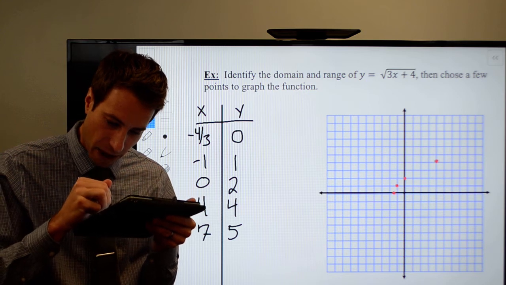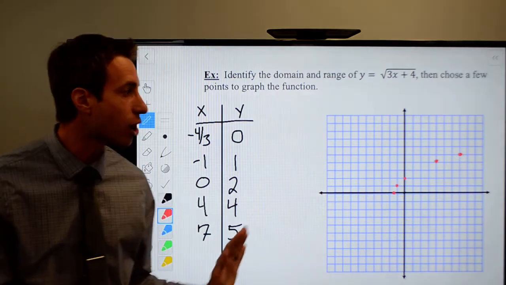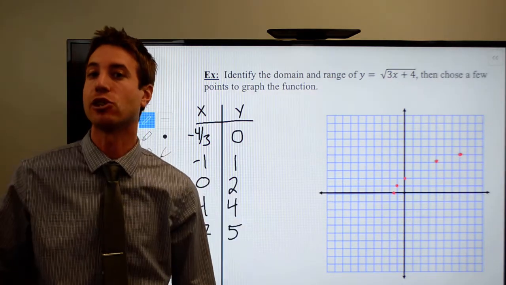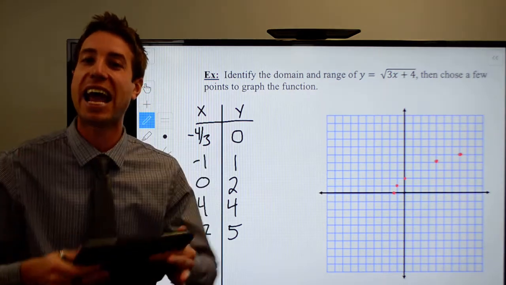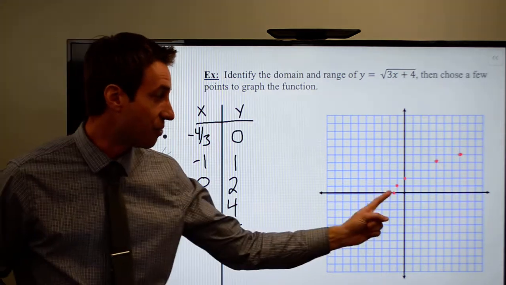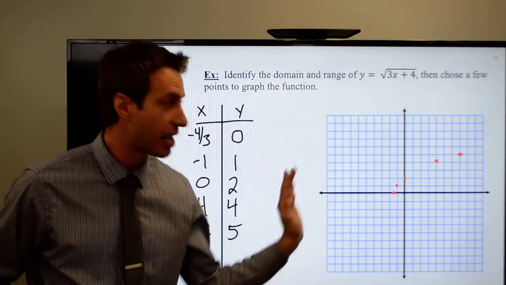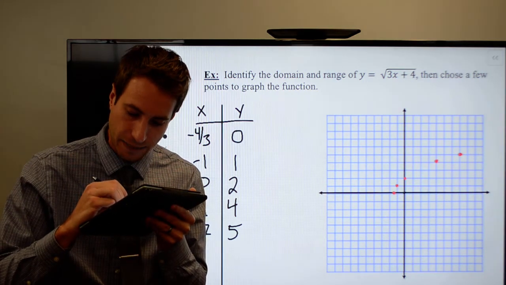And then 7, 5. Go ahead and connect those dots with a nice smooth curve. Make sure you extend your line all the way through the coordinate plane you've been given and put an arrow on the far end so that I know you know that it just keeps going. This is where the graph starts, and it heads off in that direction to infinity.